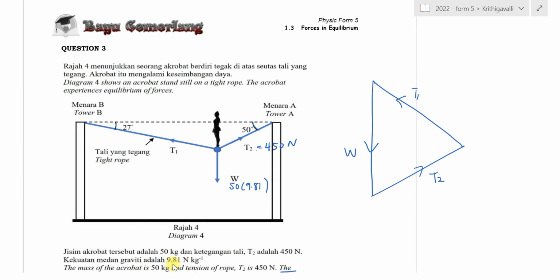This is your T2. So T1 is here, 27. So if here is 27, here also 27 degrees, right?